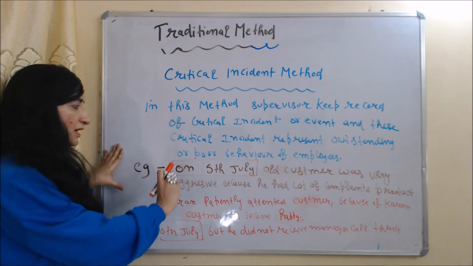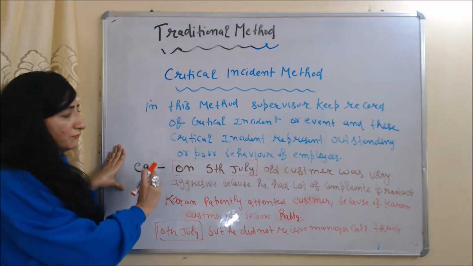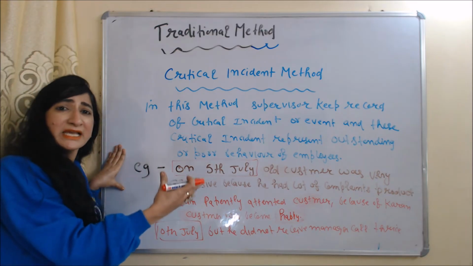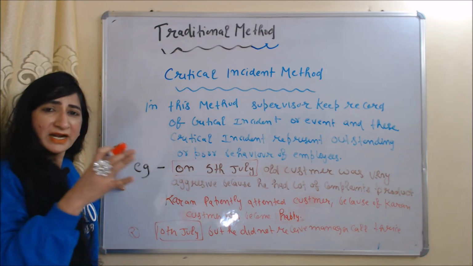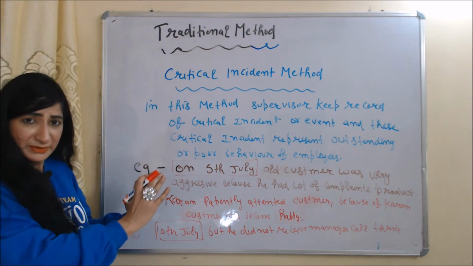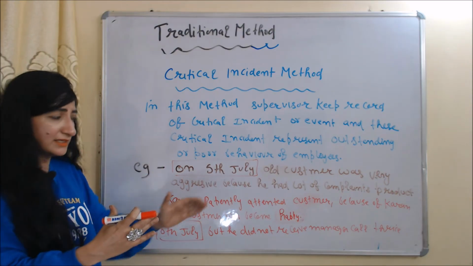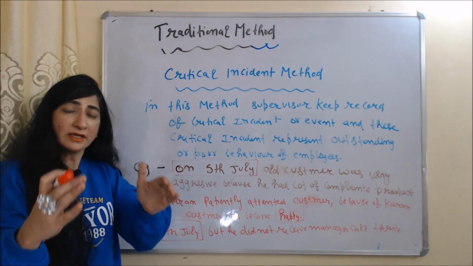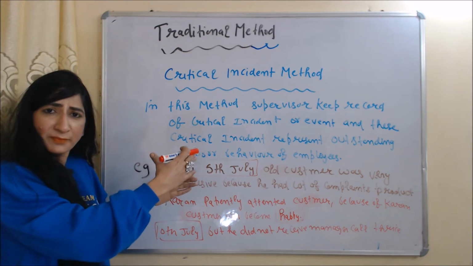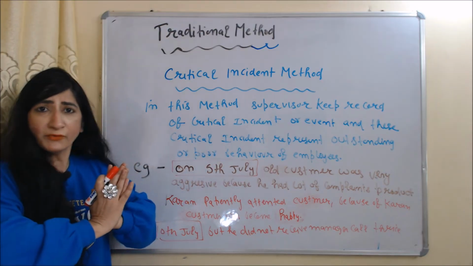For example, on 5th July, our old customer was very aggressive because he had a lot of complaints, and we are evaluating performance of Karan. During this time, Karan patiently attended the customer, and because of Karan, the customer became very happy. So this incident represents outstanding behavior of Karan.